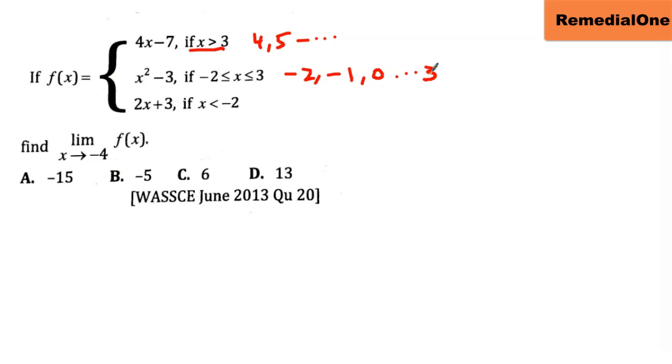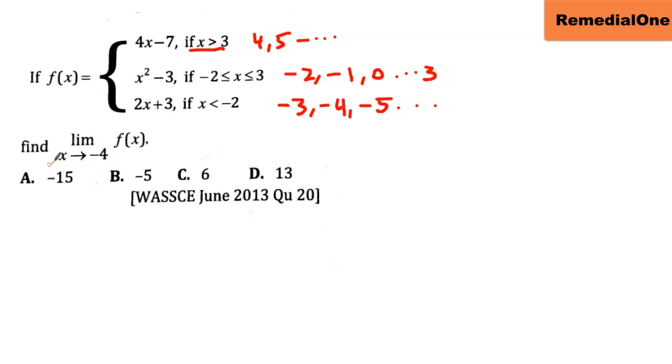Those are the set of numbers that are supposed to be here. Here, the numbers are less than -2: -3, -4, -5, and so forth. So you have to be able to read the domain. That is what is going to matter.